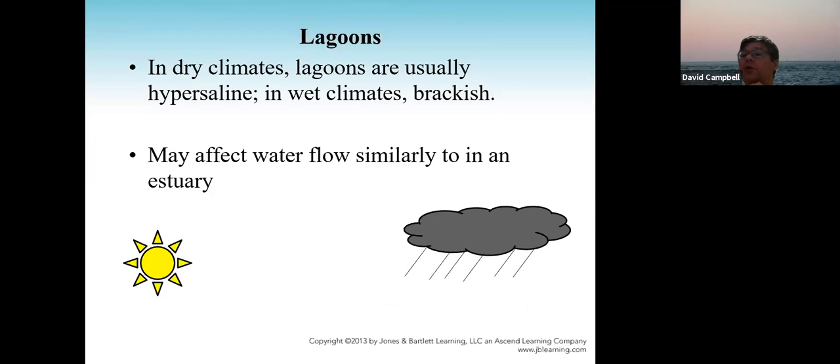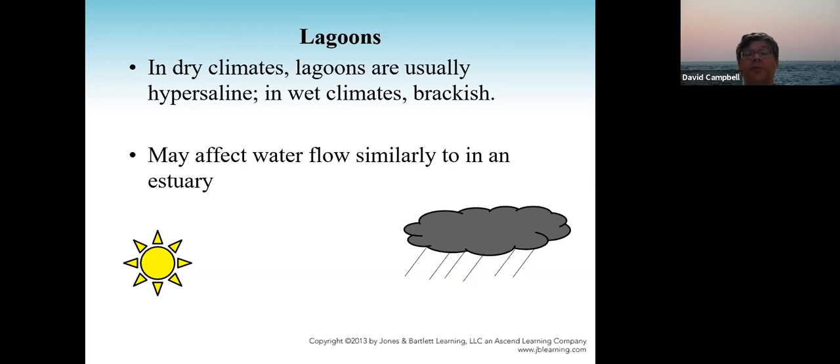No surprise, it depends on your climate. Are we someplace that's typically more dry and sunny? Say near about 30 degrees north or south. Those areas, well up on land, we often get deserts, and our lagoons would tend to be extra salty.